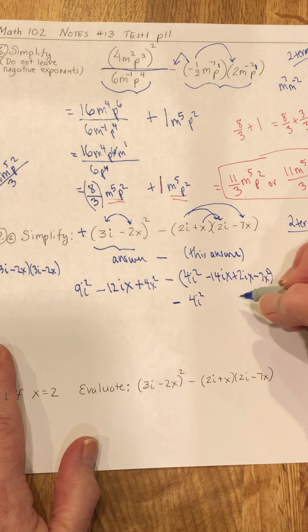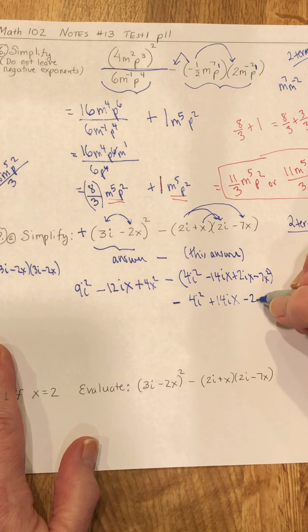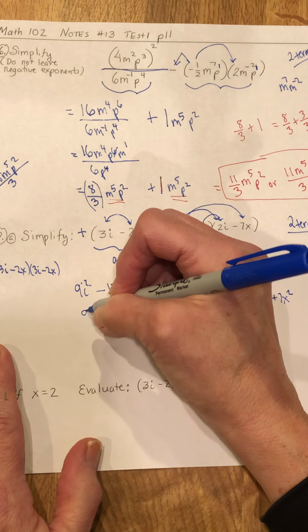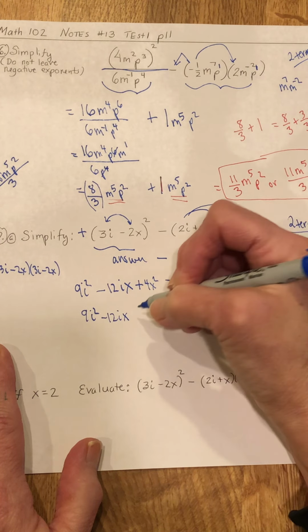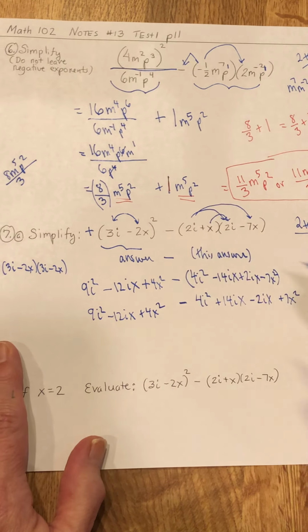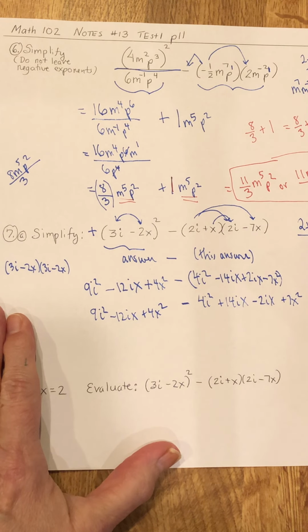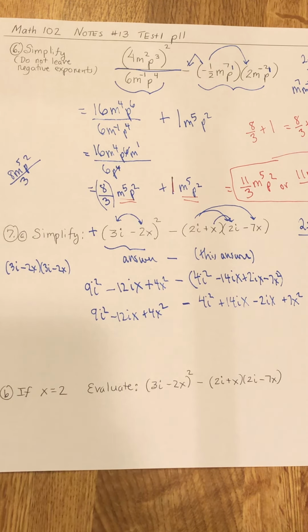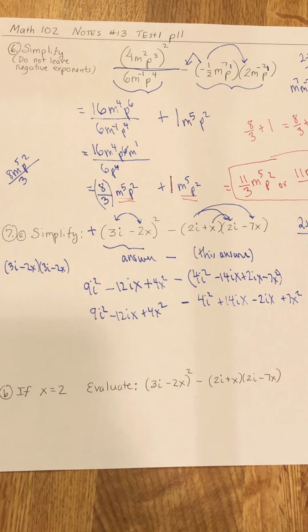This is going to be 4i squared plus 14ix minus 2ix plus 7x squared, and then bring down this 9i squared minus 12ix plus 4x squared. Now, I am going to go ahead and just collect my like terms. Many of you remember you got to do something with that i squared. You could do it now because i squared is -1, or you can do it later. I tend to wait and do it all at the end.